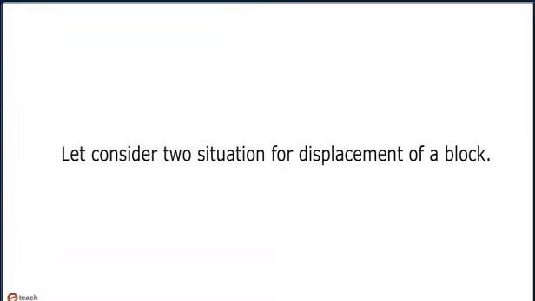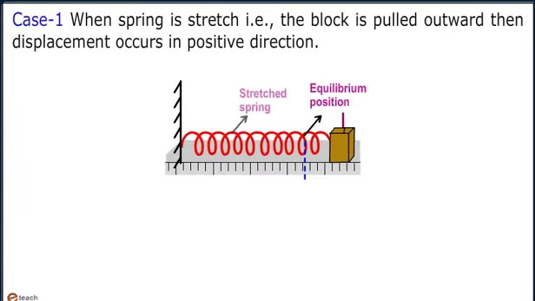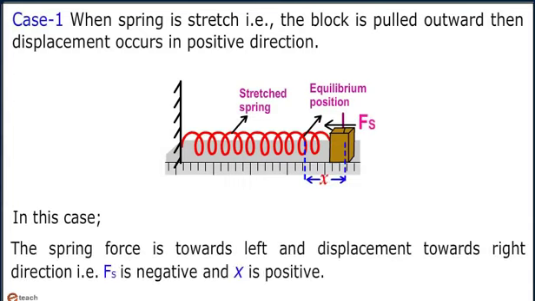Let us consider two situations for displacement of a block. When the spring is stretched, that is, the block is pulled outward, then the displacement occurs in positive direction. In this case, the spring force is toward left and displacement toward right, that is, Fs is negative and x is positive.